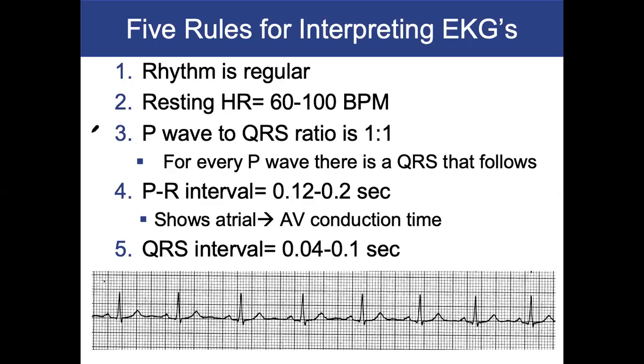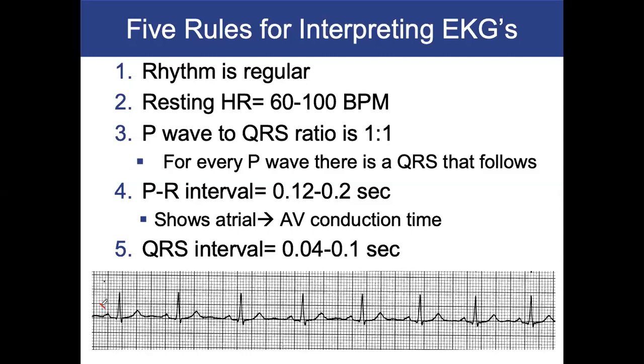So let's go over the 5 rules for interpreting EKGs. The first rule is rhythm is regular. So what the heck does that mean? There are more specific ways of doing this, but you want to look at the R waves. Let me draw this for you.